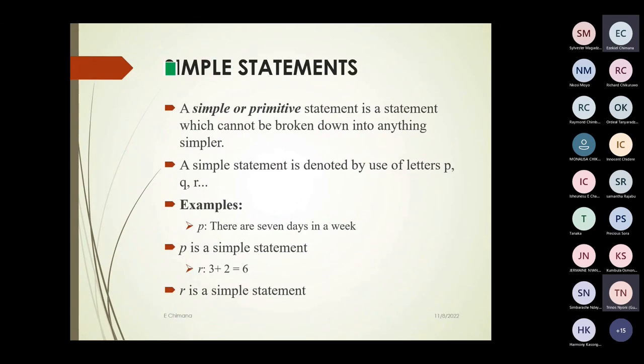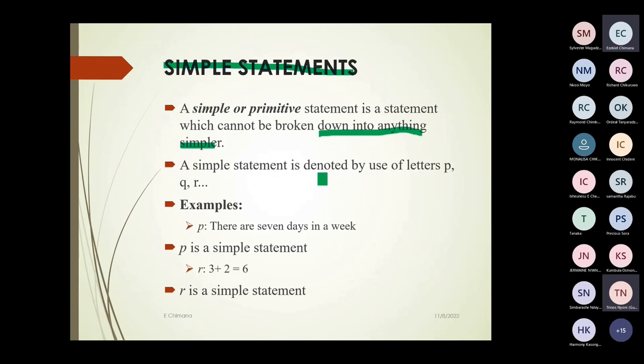So let's talk about a simple statement. We've got what we call a statement, and there is what we call a simple statement. So a simple or a primitive statement is a statement which cannot be broken down into anything simpler. In other words, it's a statement in its simplest form.